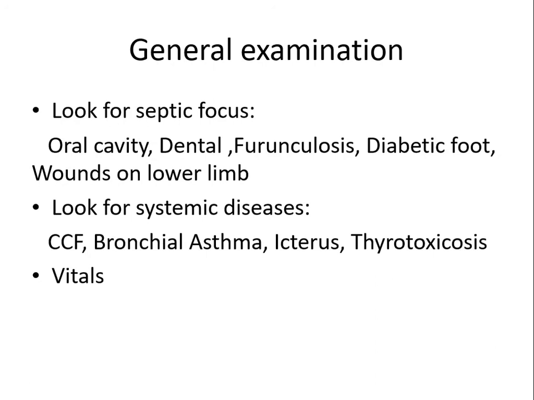Refractive errors run in families. Oculocutaneous albinism also runs in families. And there is trisomy 21, where ocular manifestations are more common in Down syndrome. So family history is also important in ophthalmology.